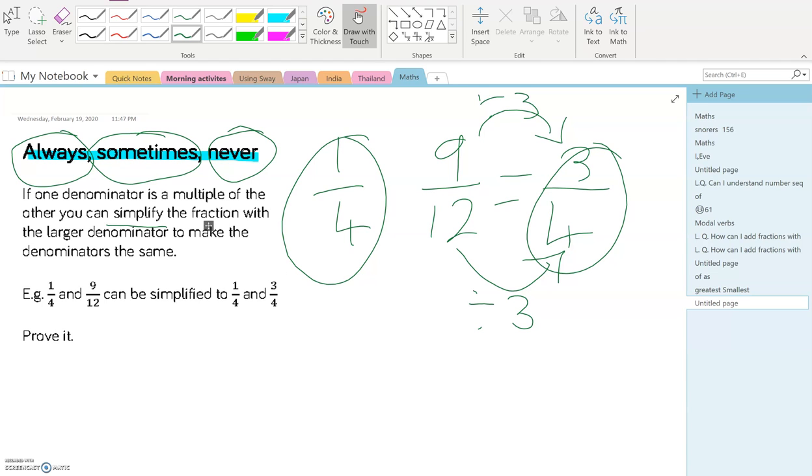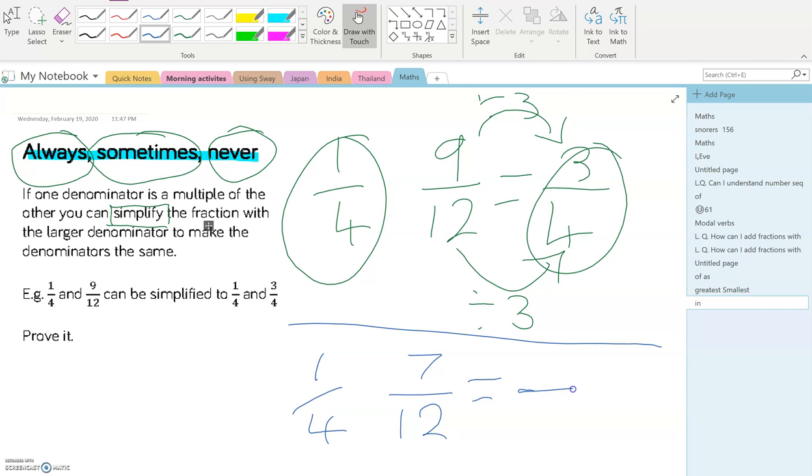Now some of you are saying, yep, always, but actually you can't do it always if you simplify. So I'm going to give you an example where this would not work. Let's go to a blue pen now. If you had 1/4 and you had a numerator of 7 instead of 9/12, and said, okay, yep, let's simplify this so that all of the denominators are 4, like a quarter.